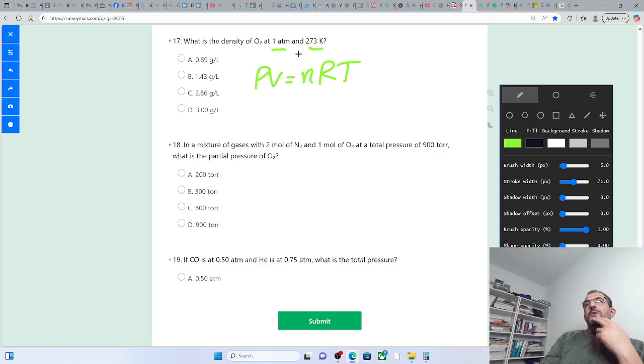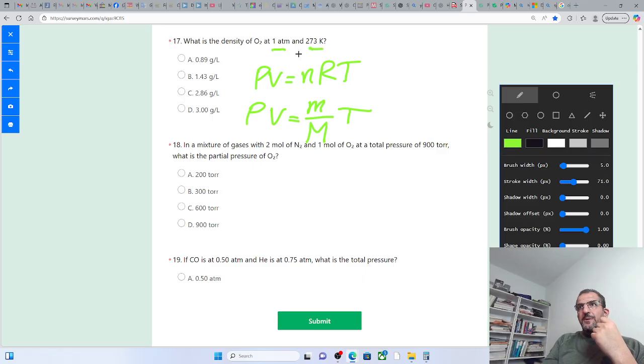So we have pressure times volume is equal to number of moles, and the number of moles actually is the mass of the material divided by the molecular weight of the material, and then times temperature.